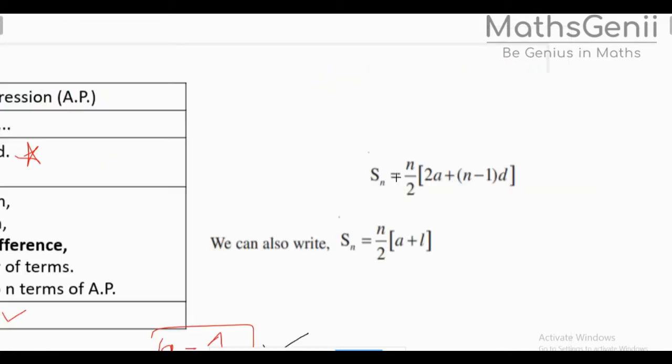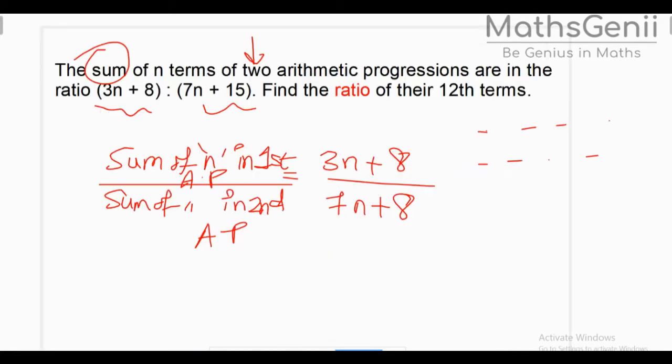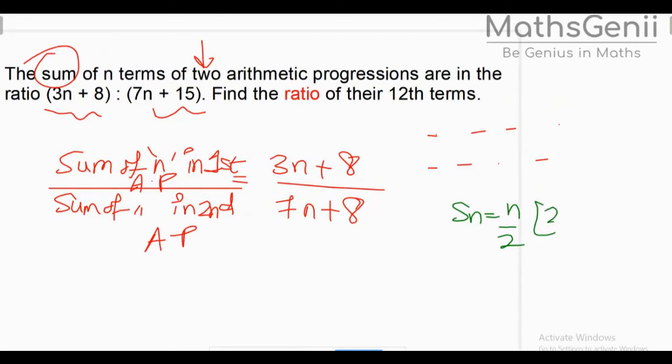So this is what I know, but what sum formula do I know? What is the sum formula? n by 2, 2a plus n minus 1 d. So the n terms remain. Let me just write the formula here somewhere in the corner so that you know what I'm referring to. So the formula is Sn is equal to n by 2, 2a plus n minus 1 d.